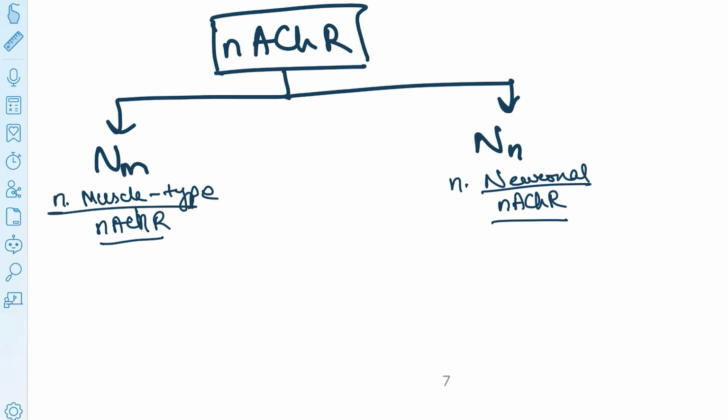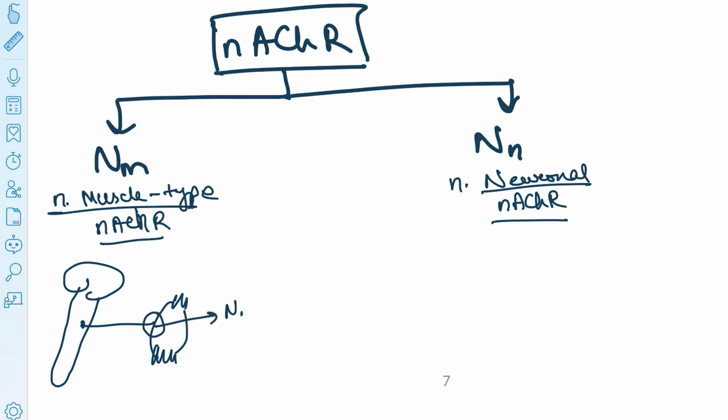type receptors. Okay, so basically if I have to draw the central nervous system, and suppose some nerve innervations are reaching the skeletal muscle. At this particular region on the surface of the skeletal muscle, we have NM receptors. Whereas for the nicotinic neuronal receptors, as we talked about, pre and post junctional acetylcholine receptors, right? So suppose this is the pre-junctional, it is ending at a ganglia, right?